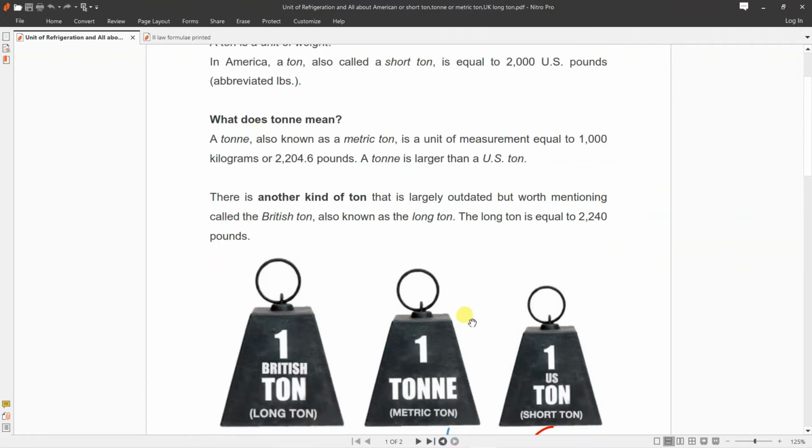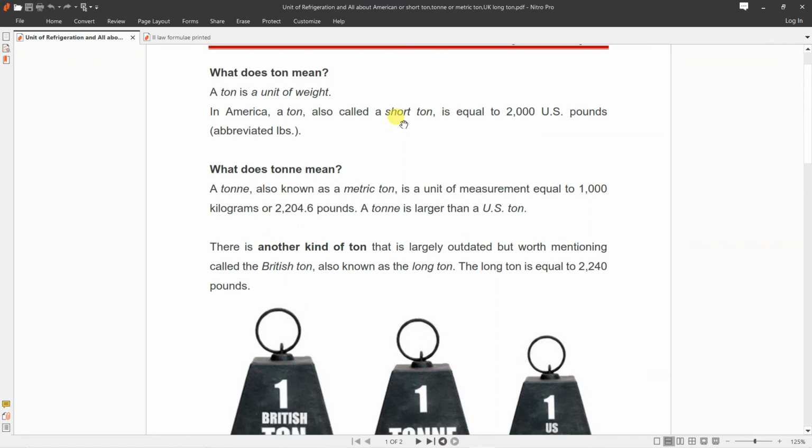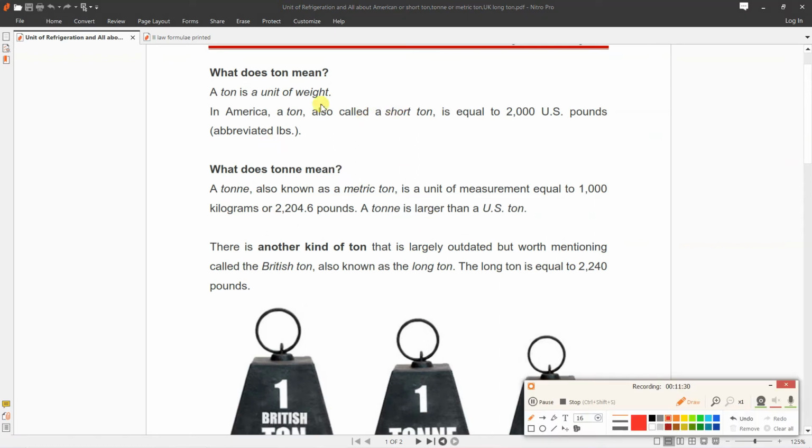So first we will see the American ton, okay, US ton. It is also known as short ton. So American ton, it is also known as short ton, and it is equal to 2000 US pounds.